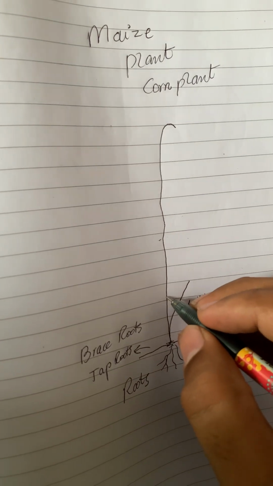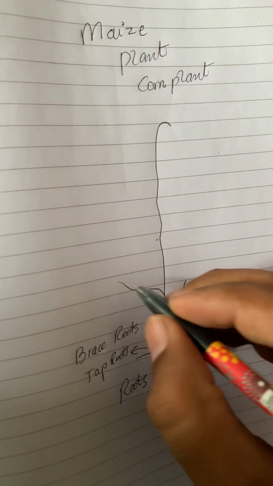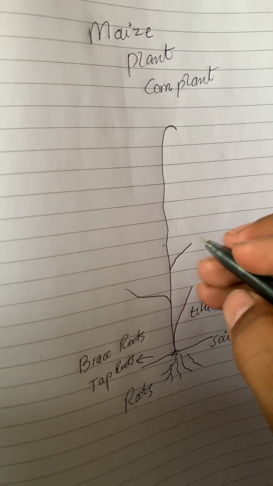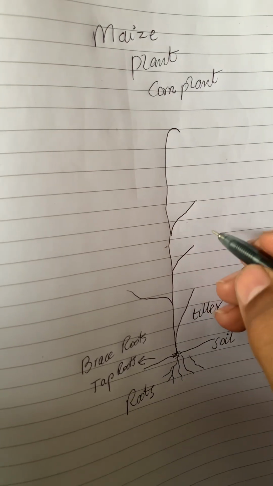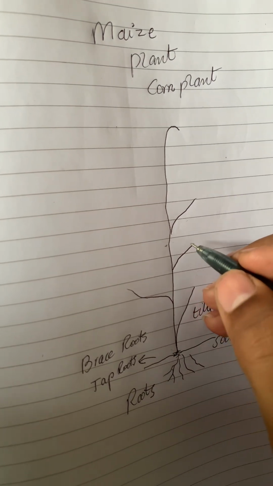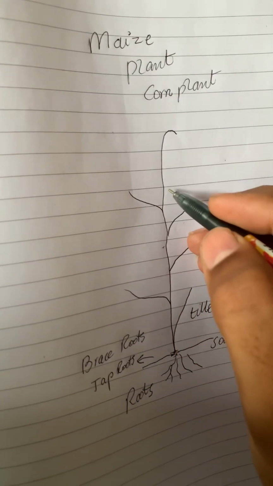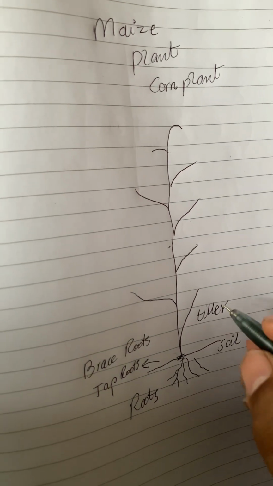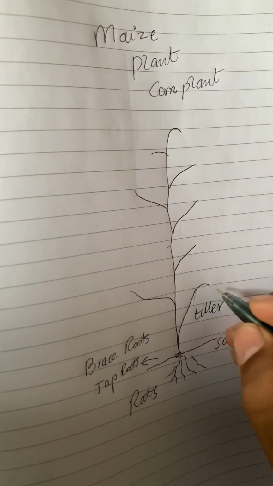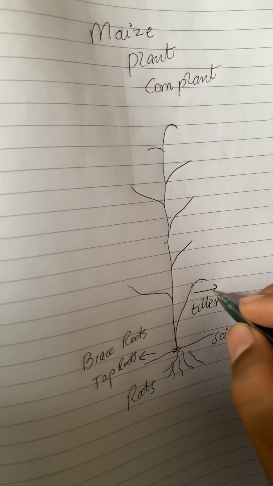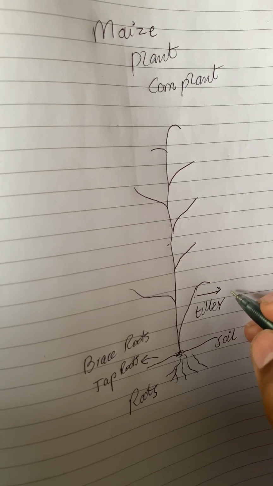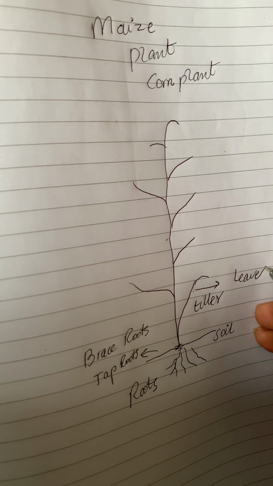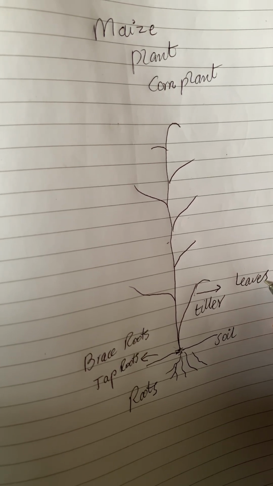And now every node will develop its leaf. For example, here 1, 2, 3, 4, 5, 6 and 7 leaves. These leaves will be named as simple leaves.